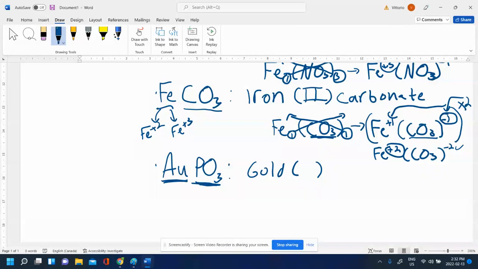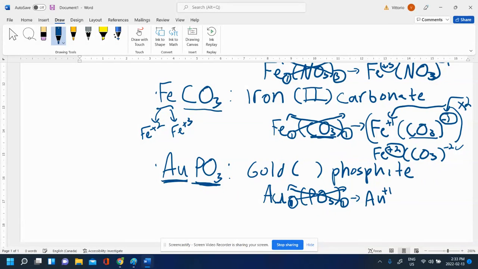We don't know its charge yet. We have to put brackets. PO3, we go to a reference table and we see it's phosphite, ITE. So let's do a reverse crisscross. So Au, that should be a lowercase u. Let's erase that to make that look like a lowercase u. We'll put a 1 there, and then put your polyatomic ion in brackets. Like this. And we get Au plus 1, PO3 minus 1.